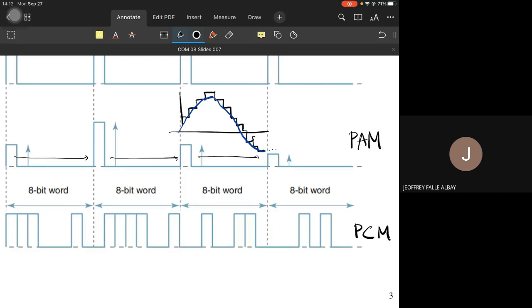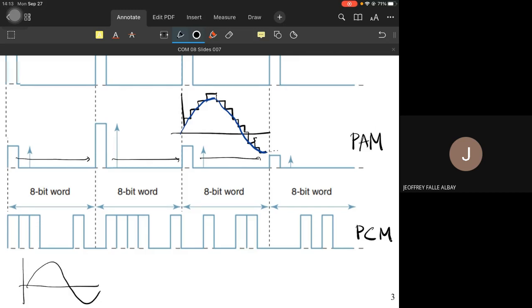Supposing our signal is a sine wave, and the peak is 3 volts, then 2 volts, 1 volt.